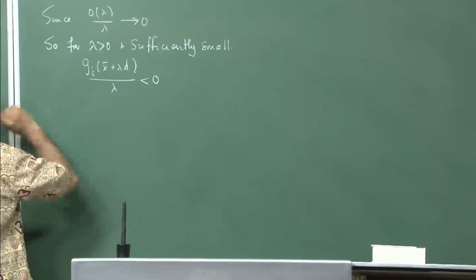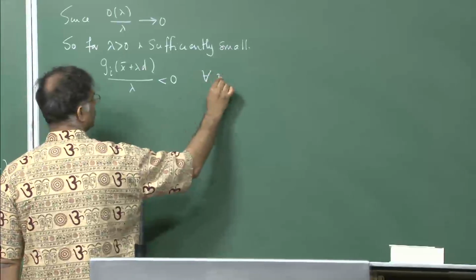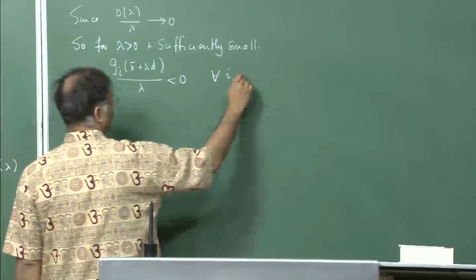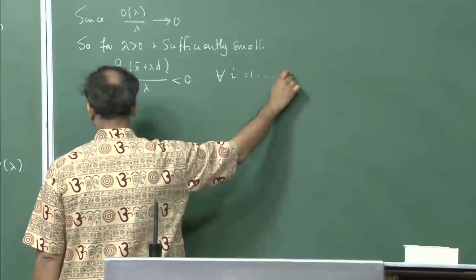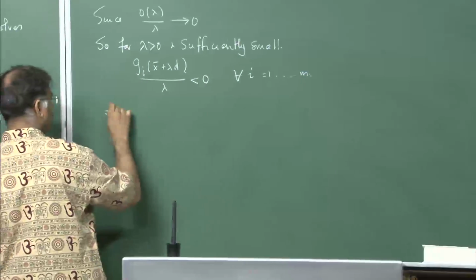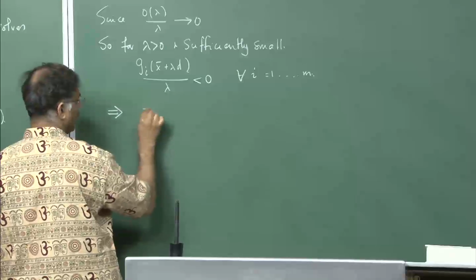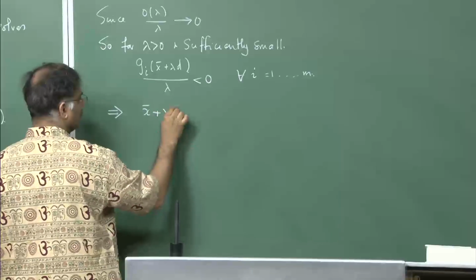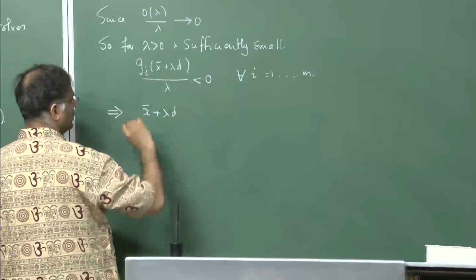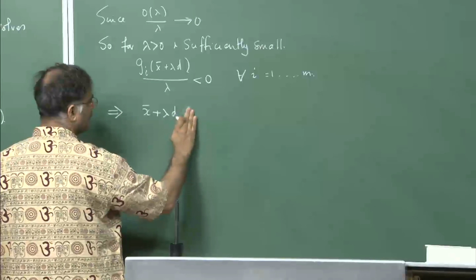So, this is true for all i equal to 1 to m. This implies that x bar plus lambda d, that is g_i of x bar plus lambda d, is strictly less than 0, is feasible.